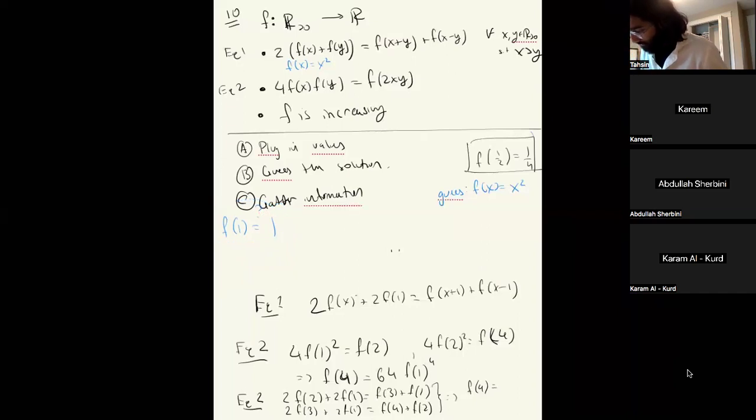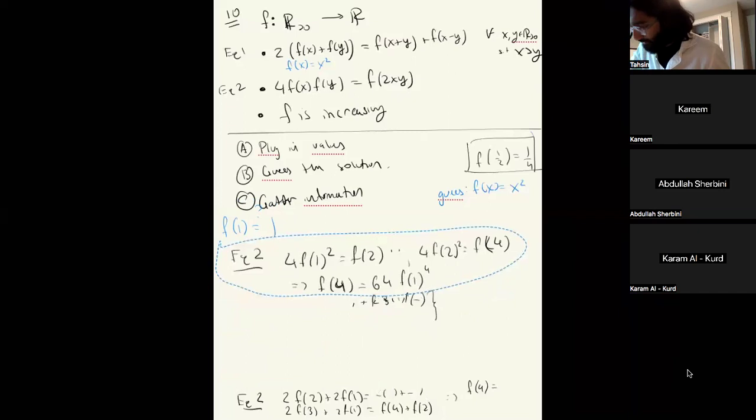So from equation 2, we got this much. And then from equation 1, so I wrote 2, I meant 1. From equation 1, we have this.